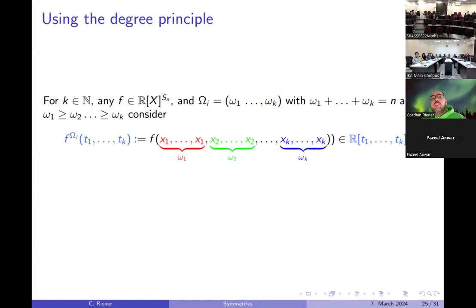So I just have to know how many ways I can split up n as a partition into k parts. For every one of those partitions, I can assign these coordinates equal and then get exactly such a reduction to k variables. So this is an unordered partition, right?